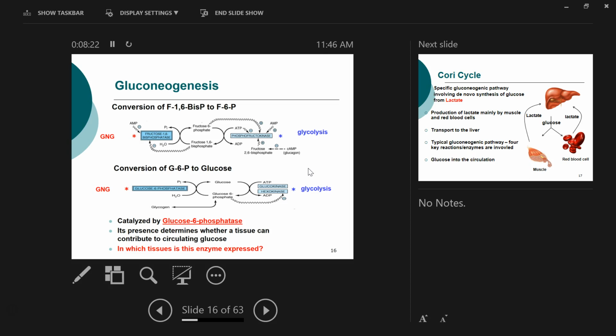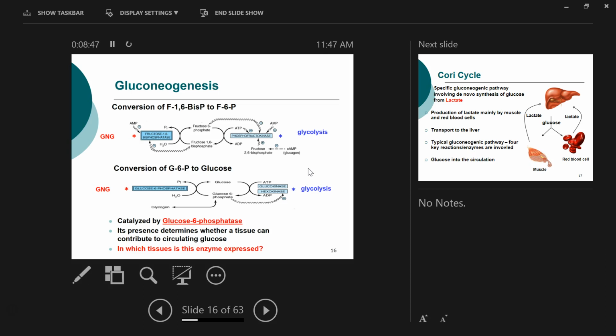And similarly for the last reaction in gluconeogenesis, which is the first reaction in glycolysis, glucose conversion to glucose 6-phosphate. So this reaction in the two directions is regulated by two different sets of enzymes in two different metabolic pathways.